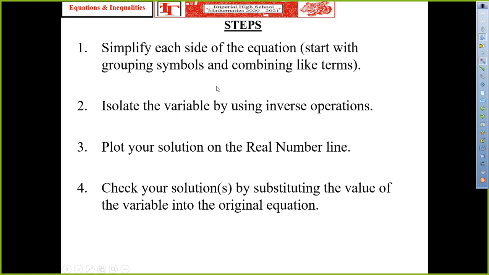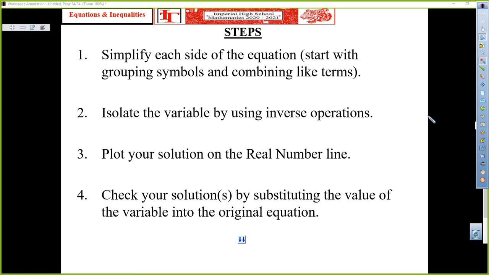Step 3, plot. Step 4, check. Once again, step 1, simplify. Step 2, isolate. Step 3, plot. Step 4, check. Is it coming back for some of you? Simplify, isolate, plot, check. Yes?